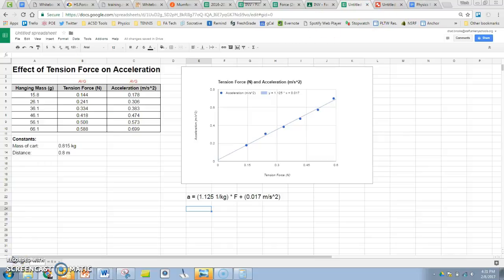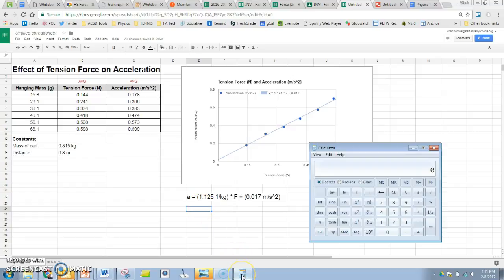All right, so based on the units of the slope alone, being 1 over kilograms, we're thinking that the slope might be 1 over the mass. We want to check that with our data to see if our data confirms that assumption or not. So let's bring up a calculator here. And let's do 1 over our mass. The mass of the cart that we're accelerating is 0.815.